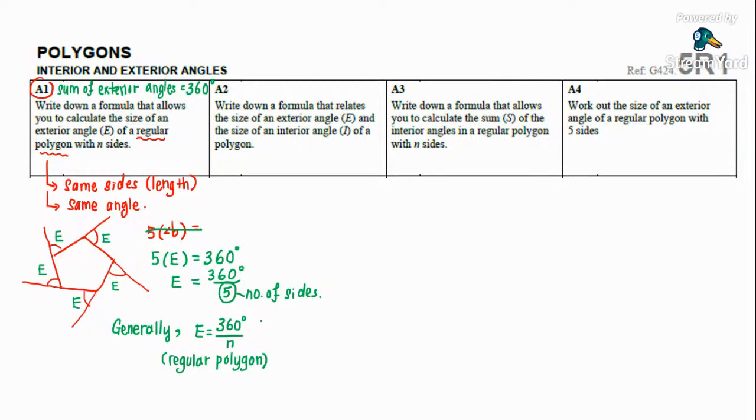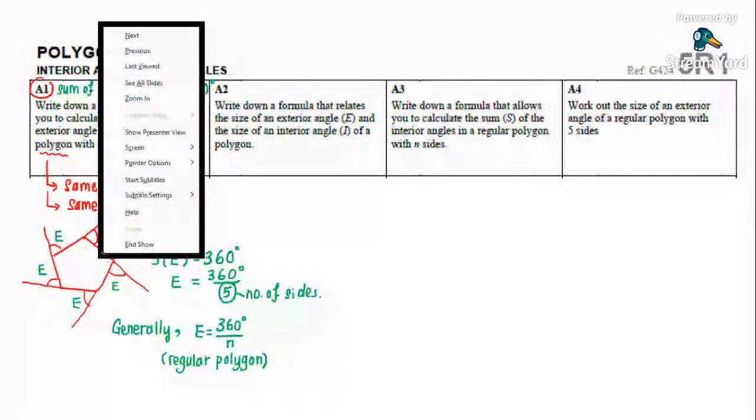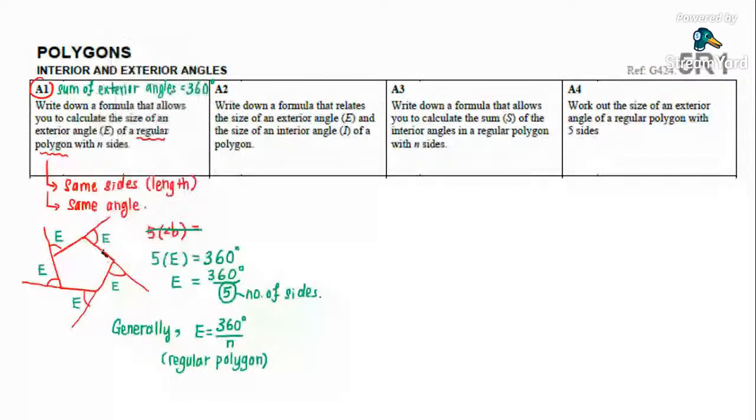Okay, number 2: write down a formula that relates the size of an exterior angle and the size of an interior angle. As I mentioned to you before, when I extend the line at the vertex over here, I'm actually drawing a straight line.